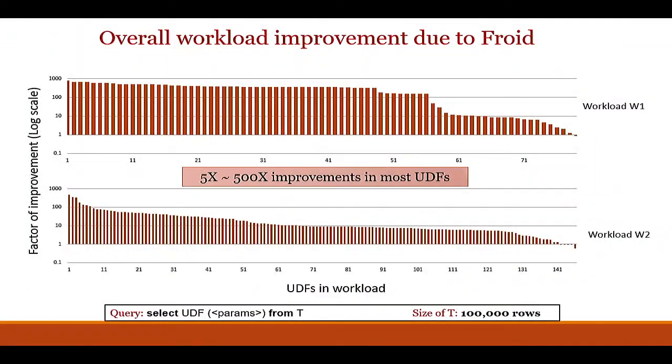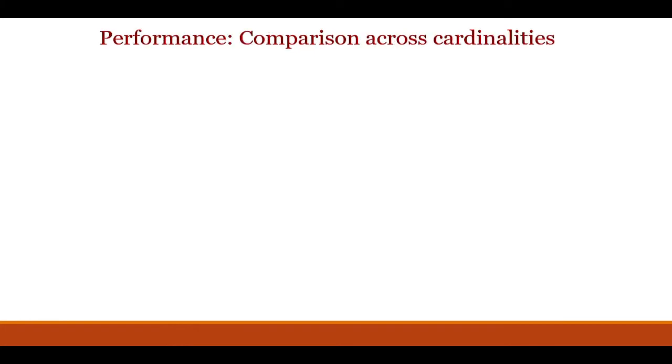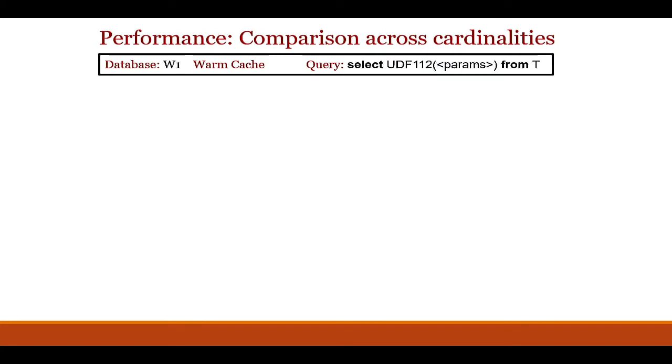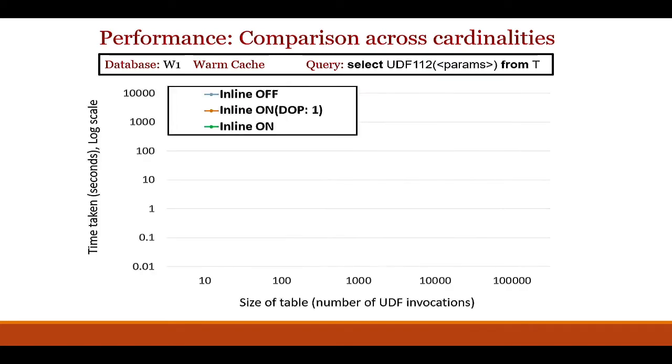All right, so this was the overall workload improvement, and I'm just going to take one UDF there, and we'll compare how the performance of UDFs varies with larger versus smaller data sets. This is from workload W1, which is a real customer workload.